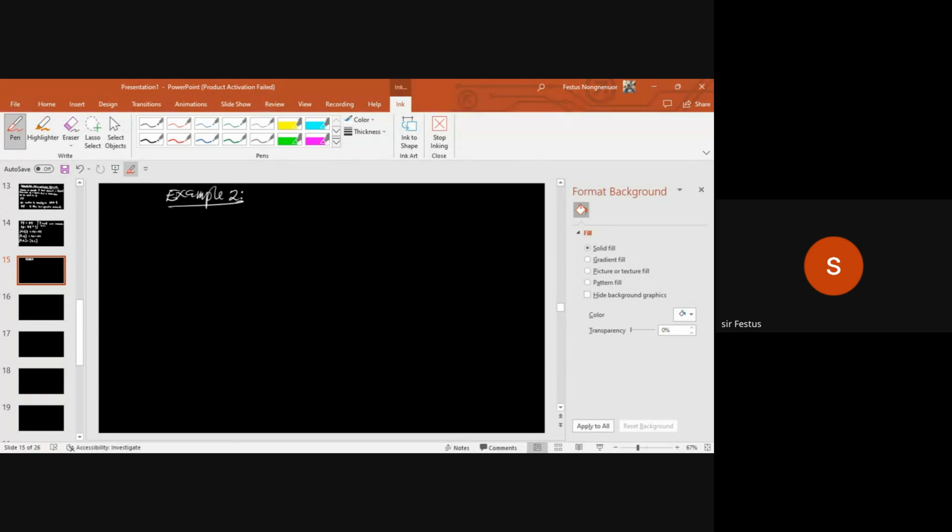The example says: show that a kinetic energy operator commutes with a momentum operator. Show that this is equal to 0. Okay, so solution.